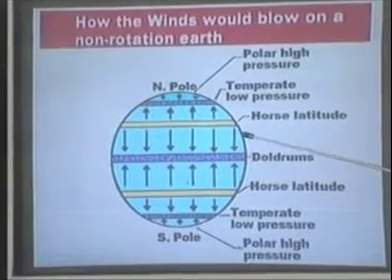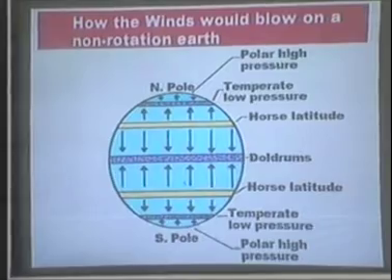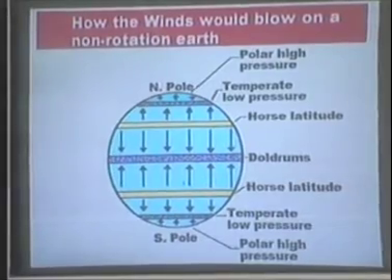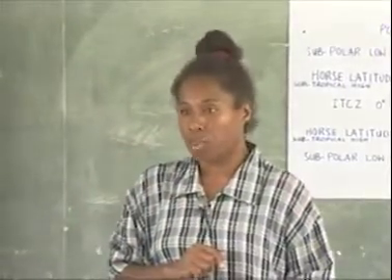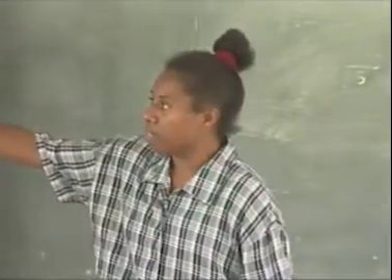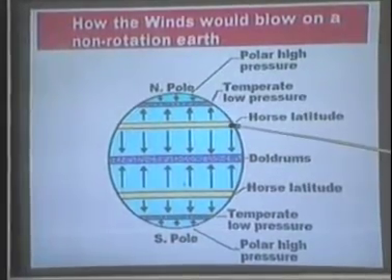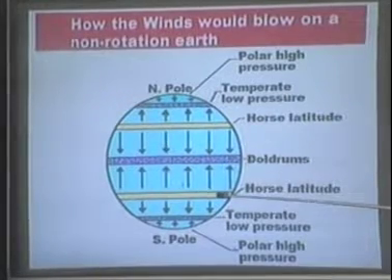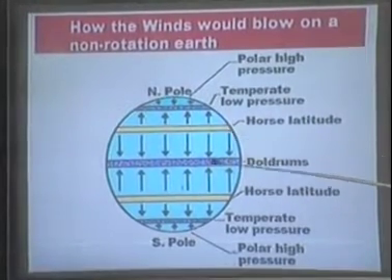So the first group of winds that we can look at would be those air masses blowing from 30 degrees north and south back towards the equator. Here is a major planetary wind system, from 30 degrees north to the equator, and 30 degrees south to the equator. Why? Winds blow from high to low.